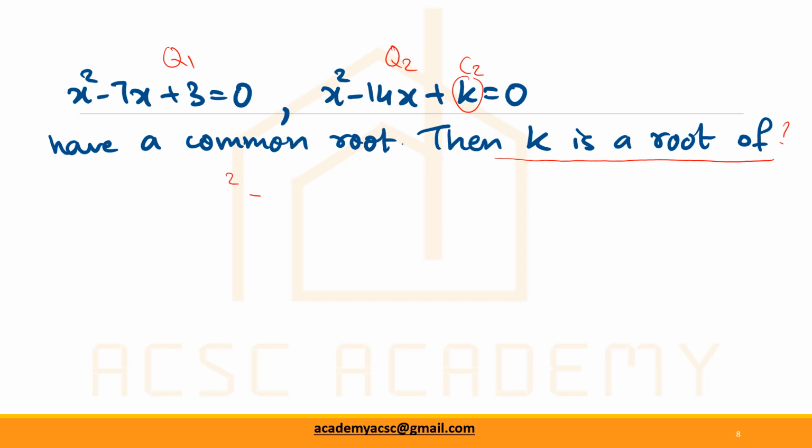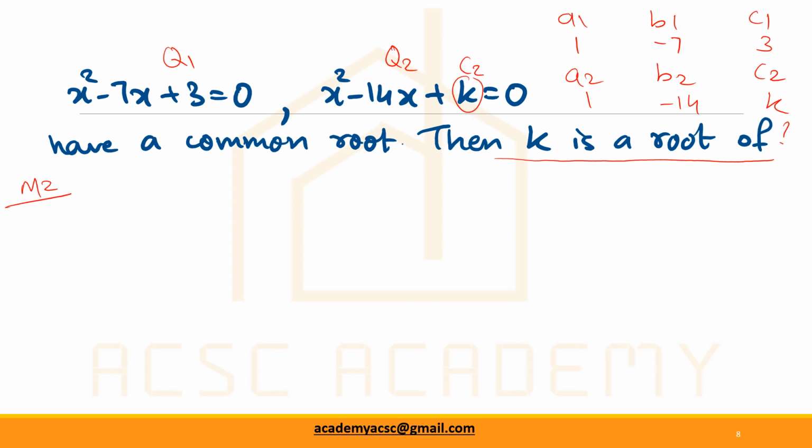Let us directly jump to method M2 for this and see what is the result that we get. So first of all, let us note down all the terms: A1, B1, C1 and A2, B2, C2. We have 1, minus 7, 3 and 1, minus 14, K as our 6 coefficients.